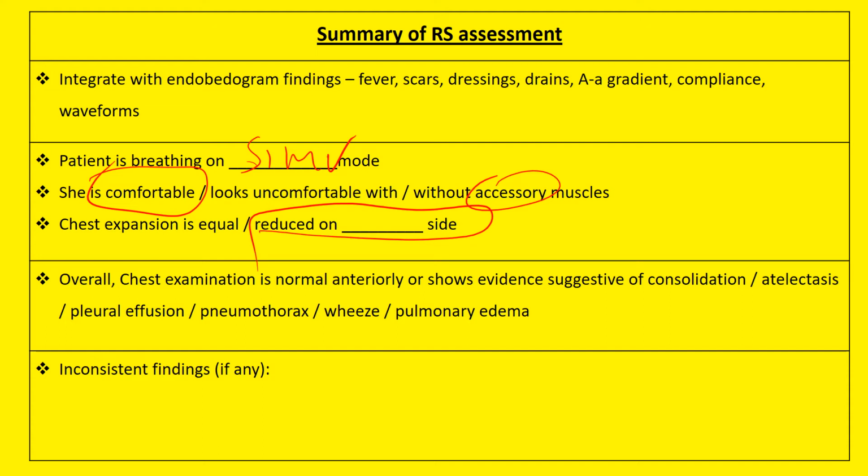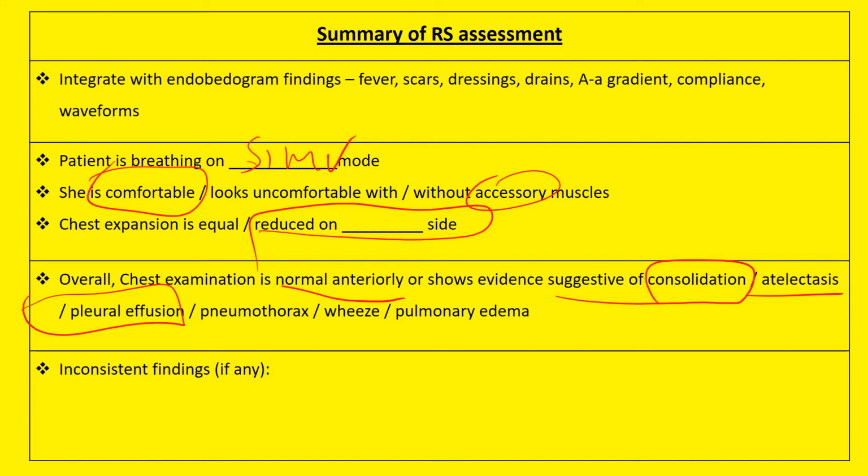The chest examination is normal anteriorly, because you have to ask for examination of the back, but often they'll say no, the findings are very similar. Or you can say there is clear evidence of consolidation or collapse with bronchial breathing on the left side, or there's a pleural effusion with stony dullness on the right side.